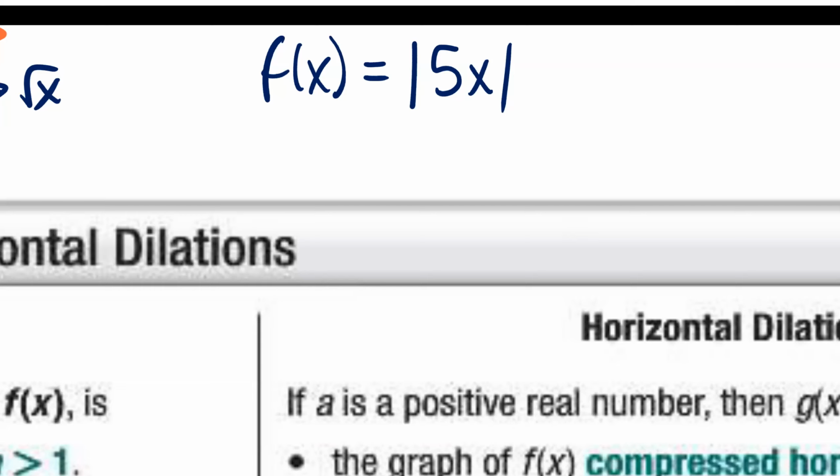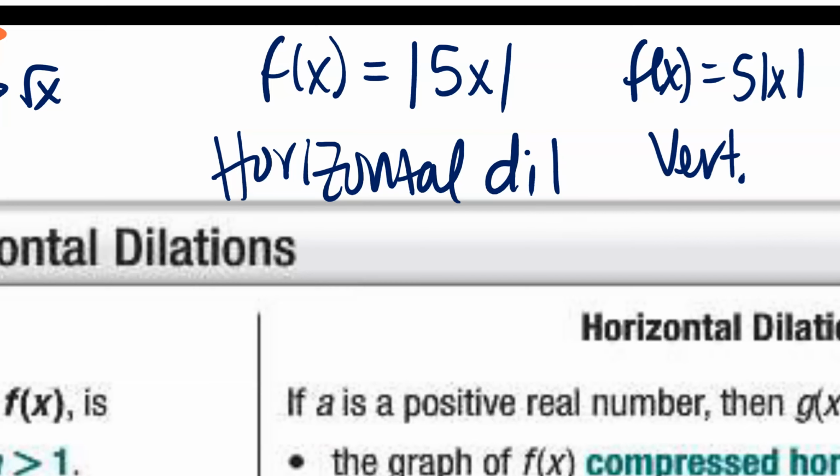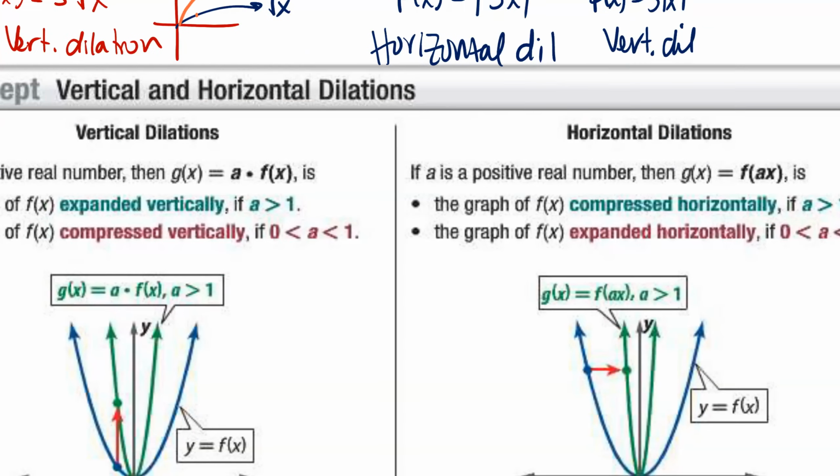Inside the stuff, it's going to be horizontal. So this is a horizontal dilation. Versus if I have f of x equals 5 times absolute value of x, this is a vertical dilation. If it's in front and outside the absolute value or parentheses, versus inside, that's the difference. Okay, and that's a summary of what this page is going to talk about.